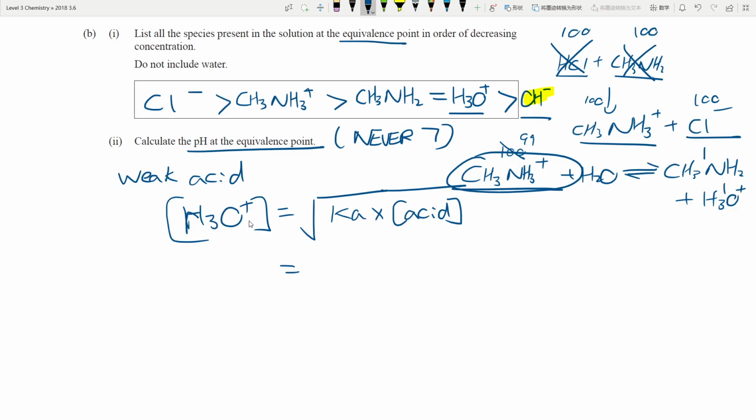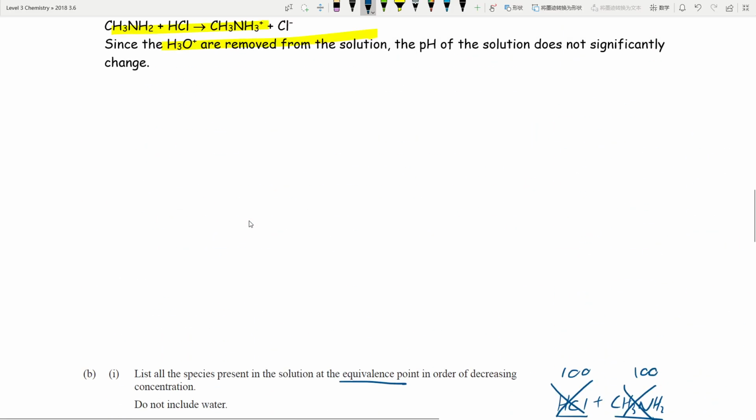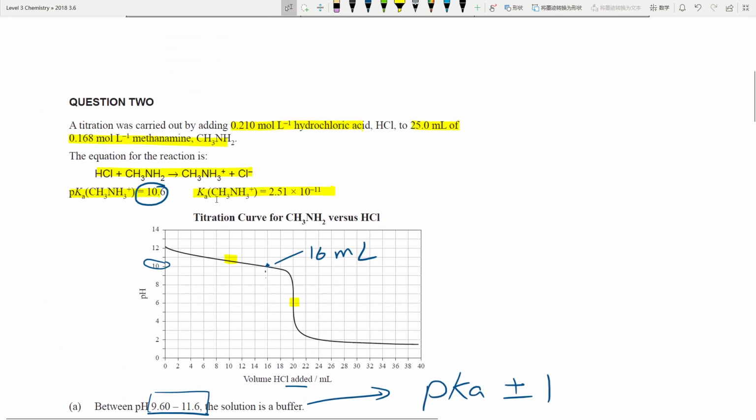We don't know, but we do know Ka. Ka is 2.51 times 10 to the power of negative 11. Let me just double check. Right here, 2.51 times 10 to the power of negative 11. The concentration of the methanamine is 0.1068.